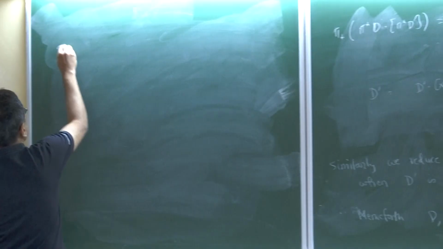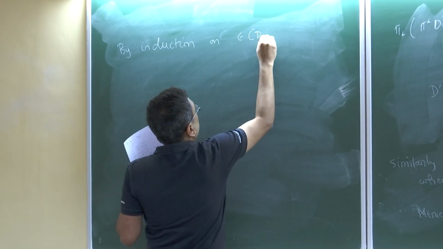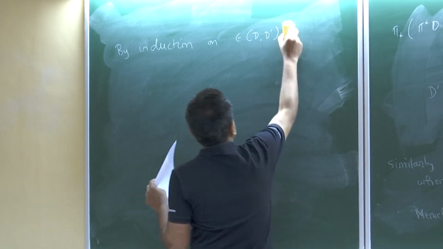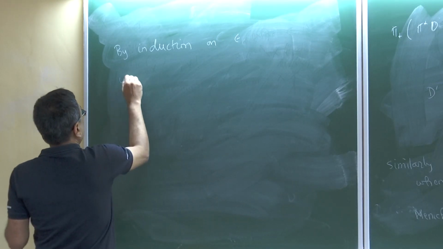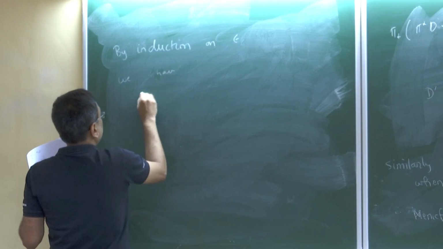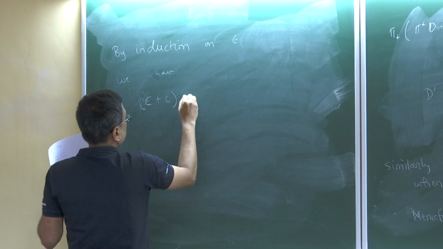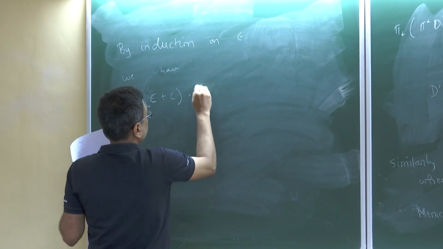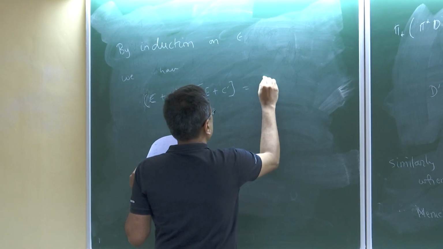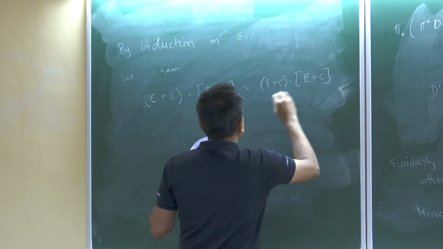So therefore by induction on epsilon, because epsilon of the divisor is involved, we know that if I look at E plus C dot E plus C dash, the divisor defined by E plus C dash, my claim is that this is equal to E plus C dash dot E plus C. These two are equal.